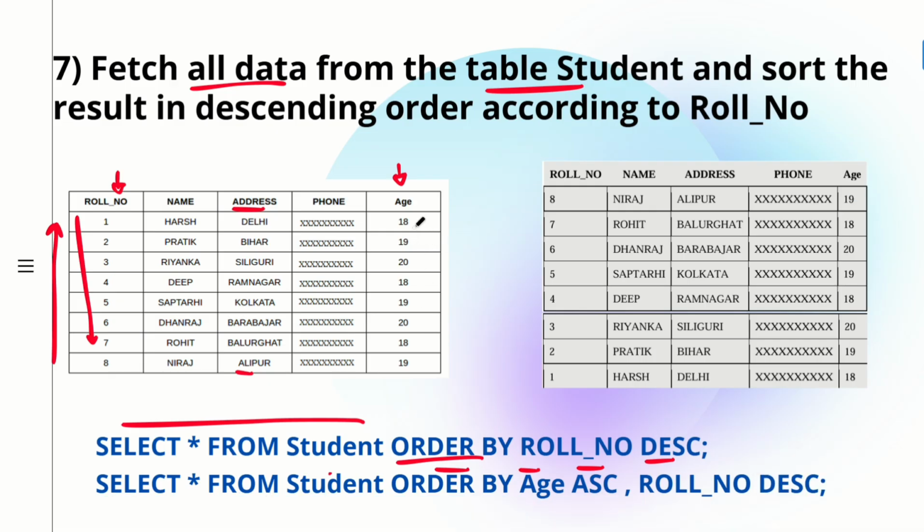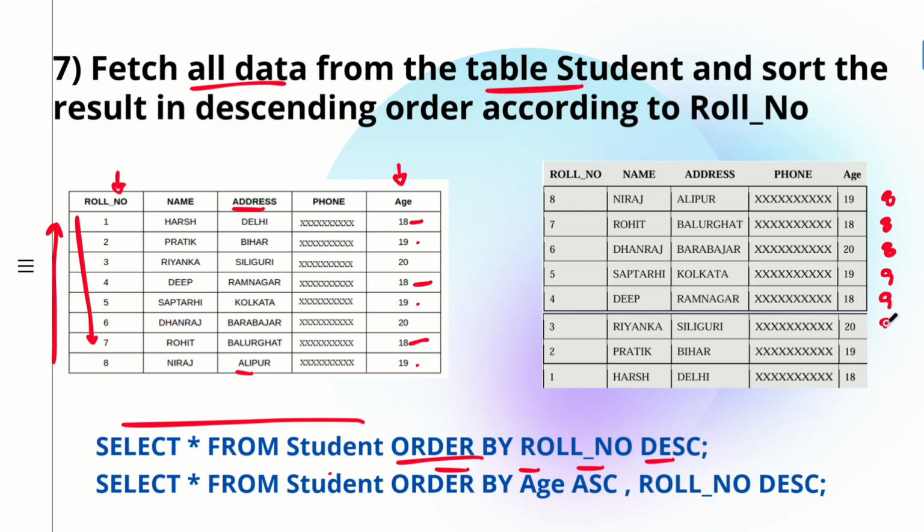Your result will look something like this. First you want age in ascending order. So what is the lowest? 18, right? 18 appears 3 times, so you will write 18 three times. Then what is after 18? It is 19, which also appears 3 times, so you will get 19 three times.